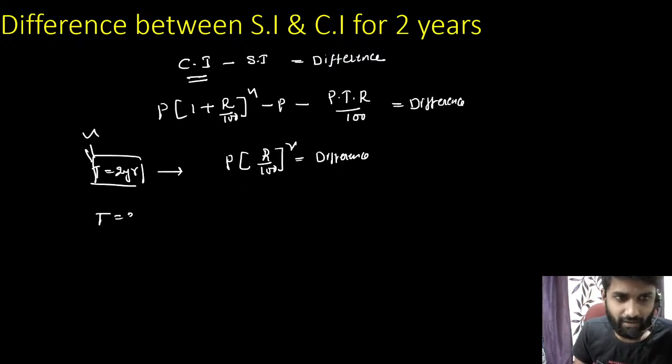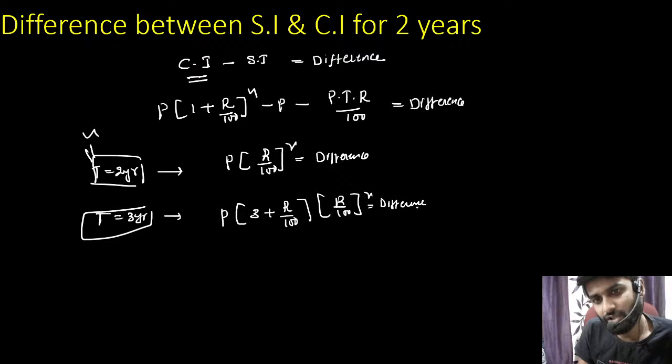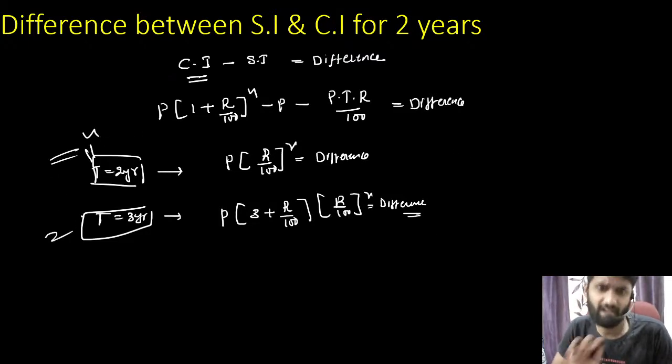If the time period is 3 years, substituting 3 in the above equation, you are left with the formula P into (3 plus R by 100) into (R by 100) whole square, equal to the difference. So these are the two formulas for the difference over 2 years and 3 years. Now I'm telling you, don't go with the formulas, guys. Go with the calculation only. These are the formulas in your textbooks.